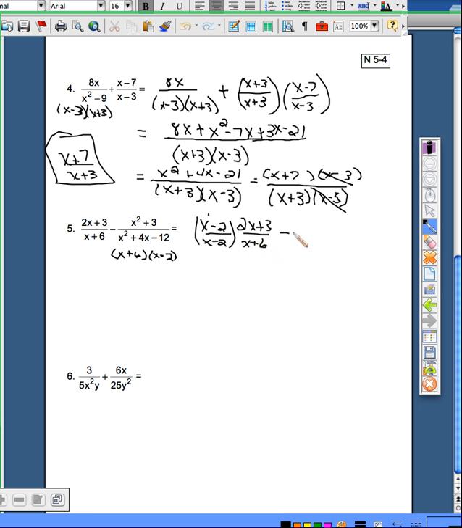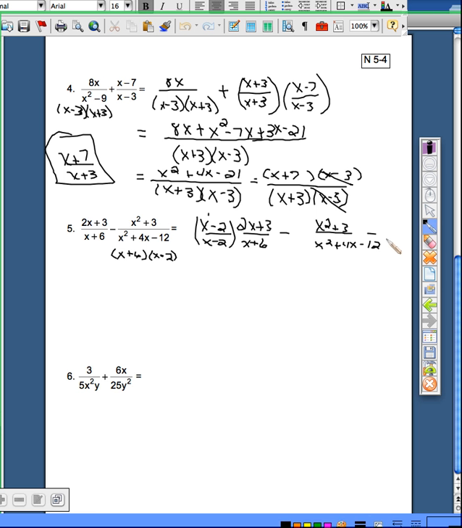Okay, minus x squared plus 3. All of that is over, I don't really need that there, but all that over is x squared plus 4x minus 12. And I'm going to erase this a little bit because I really don't need that.